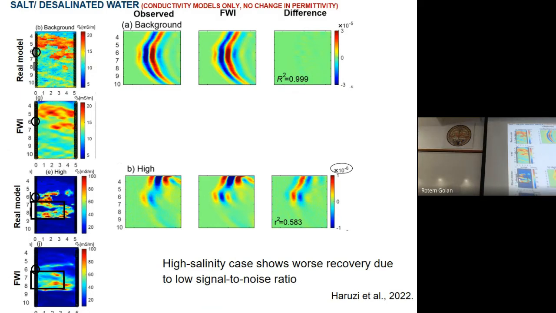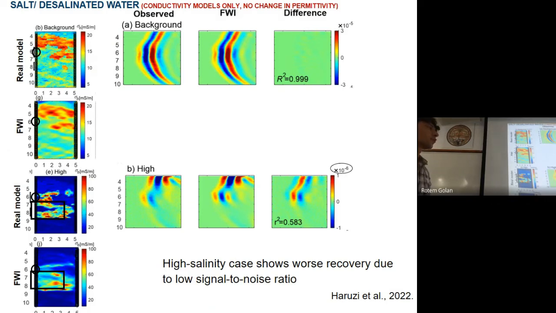We can see here a region without a tracer traveling, but the full waveform inversion did not recover it as well. It's in general okay, but we found that the higher the conductivity, the lower the signal, as we see, and the full waveform inversion results are less accurate.